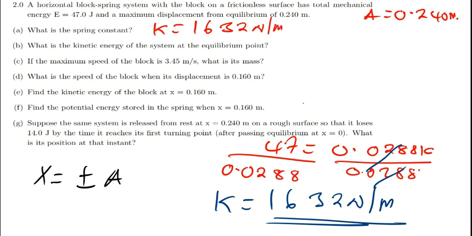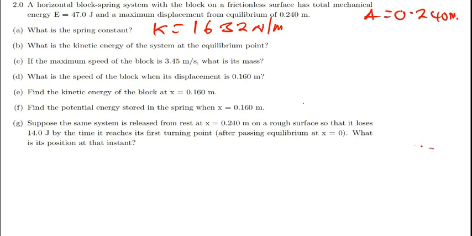Now we can go to part B. Part B is saying, what is the energy, or what is the kinetic energy of the system at equilibrium position? Everything is just coming from mechanical energy. Mechanical energy is given by the elastic potential energy plus the kinetic energy.